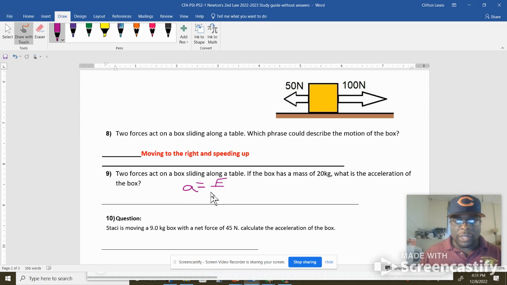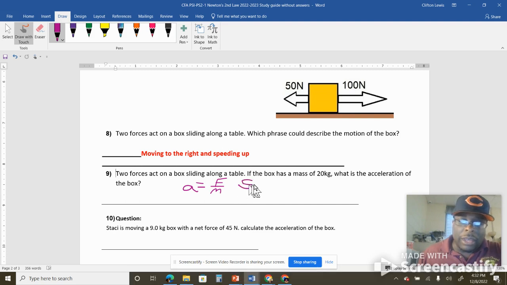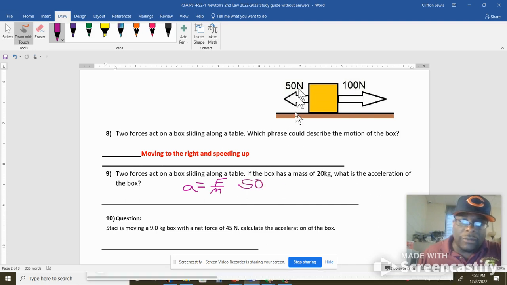Notice I'm using the lowercase a for acceleration because capital A is already used for a term called ampere. So we got the force. I got 100 going this way, 50 negative taking it away. So that's a difference of 50. 100 minus 50 is 50.